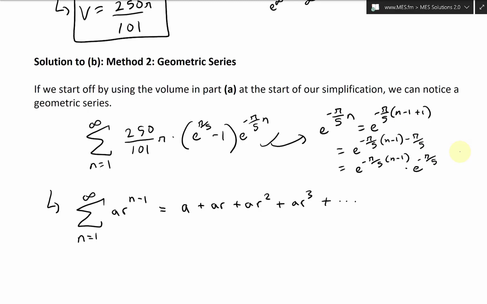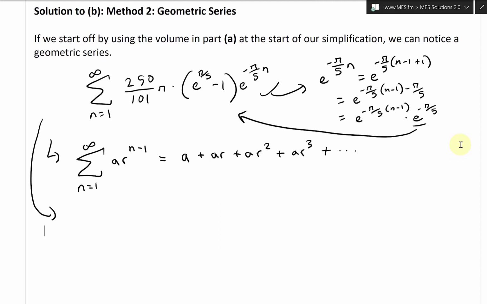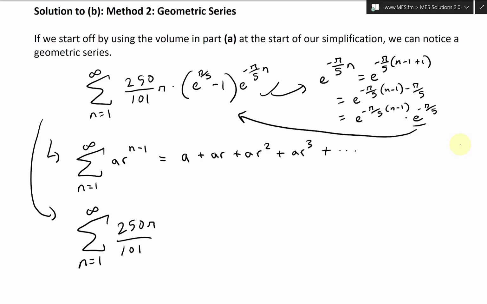So in other words, we can multiply this inside that bracket right there, and then what we're going to get is the summation up to infinity from n equals 1 of 250 pi over 101 times, and multiply that inside, e to the negative pi times e to the pi over 5.